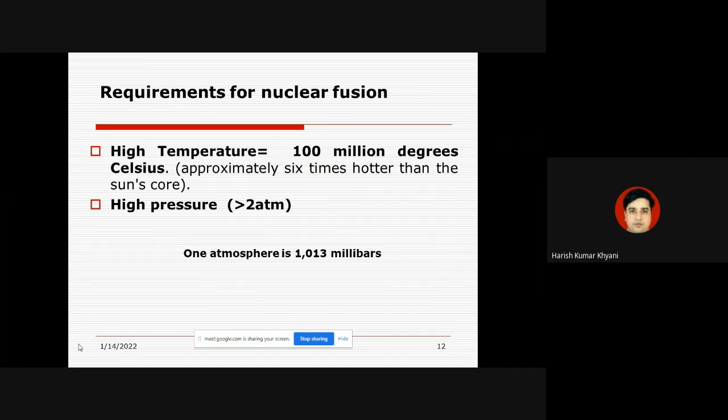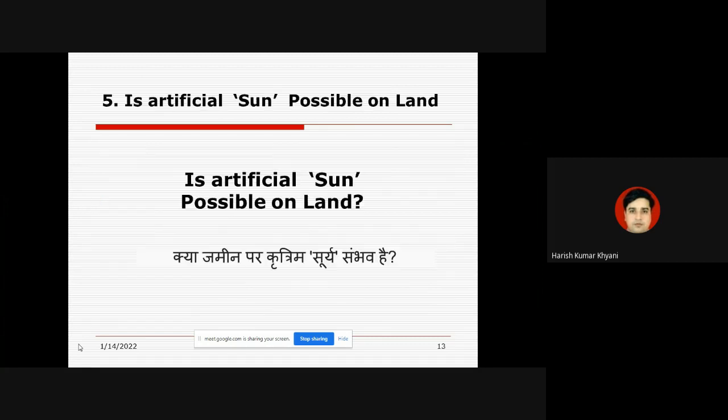That's why as on today we are not able to produce this energy at the field level, right? The research has been carried out for decades, but till now it is at research level and the energy is produced only at the laboratory level, right?